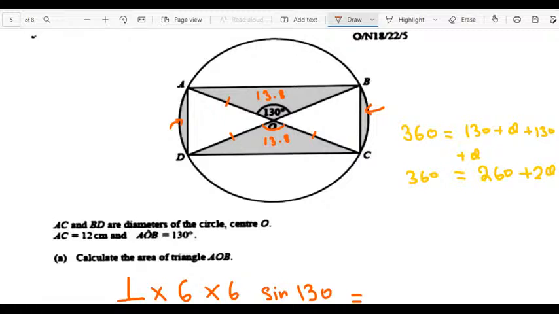So this side is 6 and this angle turned out to be 50. I am going to use the same formula. 1 by 2 multiplied by, this is also 6, both of them are radius. 6 into 6 into sine of 50, and that is giving me the area of the triangle AOD. So it would be 36 into sine 50 divided by 2.